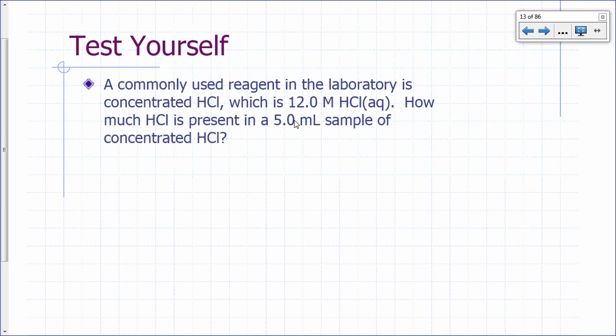Here's another application. A commonly used reagent in the laboratory is concentrated HCl, which is 12 molar HCl. How much HCl is present in a 5 mL sample? So, number of moles. You're given the molarity, so you can calculate the amount of solute, moles of solute.